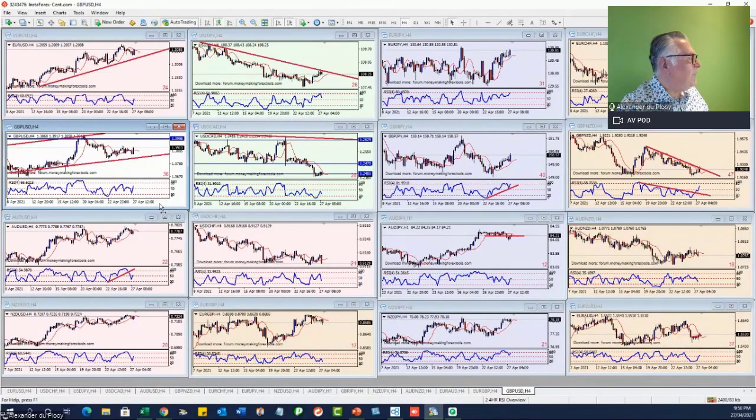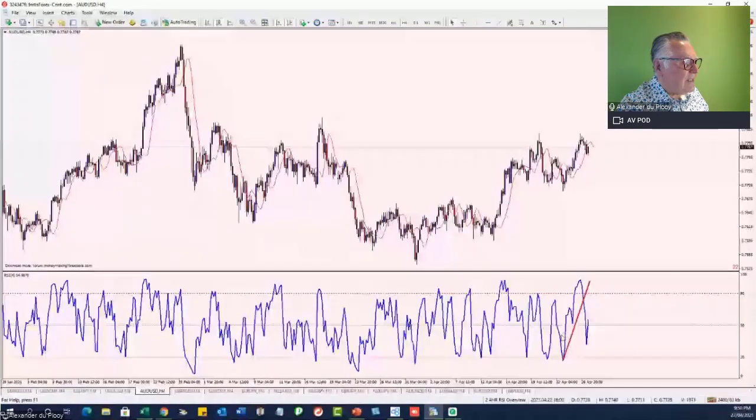For instance, here's one that's already happened. There's the two mounds. It's come from oversold to overbought. Two mounds. It hasn't got the divergence, but there was the type of signal that I'd be looking for.